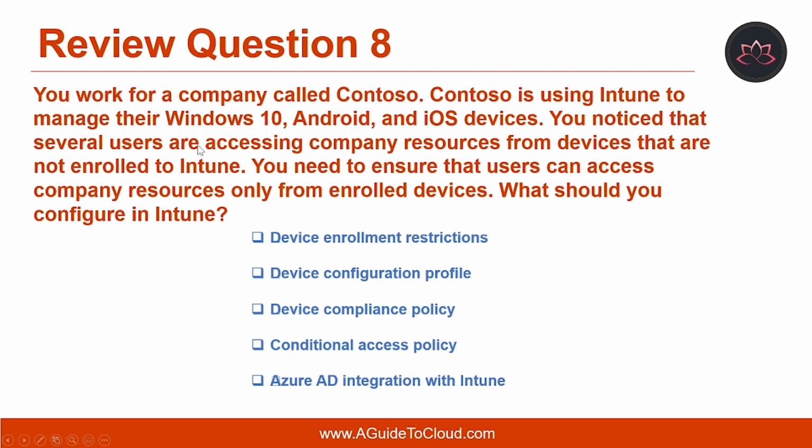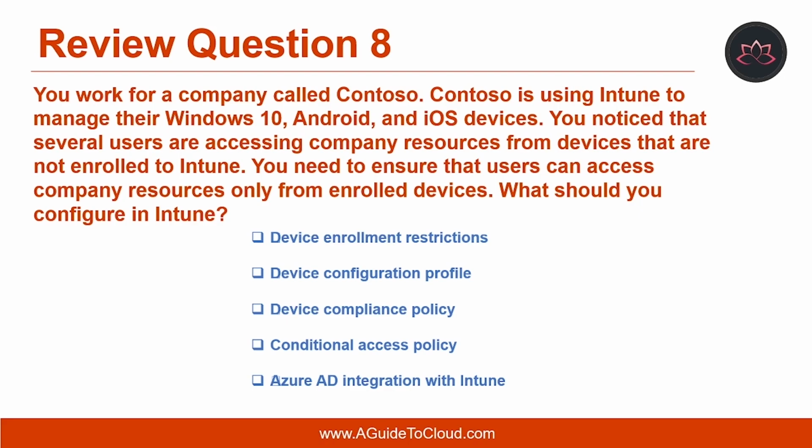Let's look at question number 8. You work for a company called Contoso, and Contoso is using Intune to manage their Windows 10, Android, and iOS devices. You notice that several users are accessing company resources from devices that are not enrolled to Intune. You need to ensure that users can access company resources only from enrolled devices.